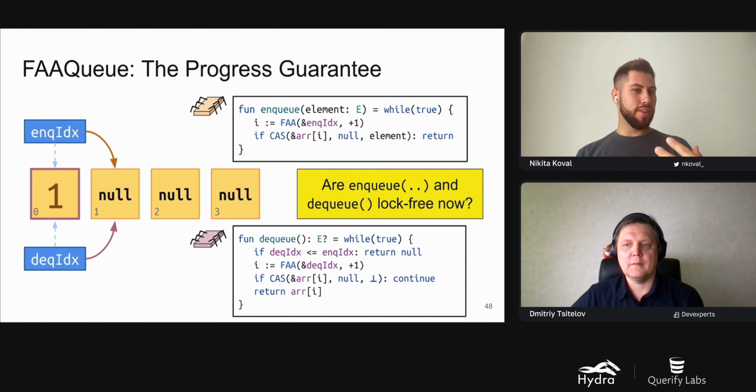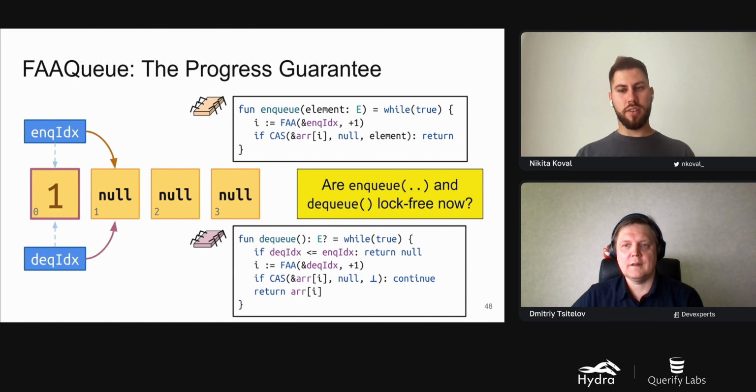So the intuition says that the algorithm we just constructed is non-blocking, because if enq is in conflict with the deq, then deq can poison the cell and continue.